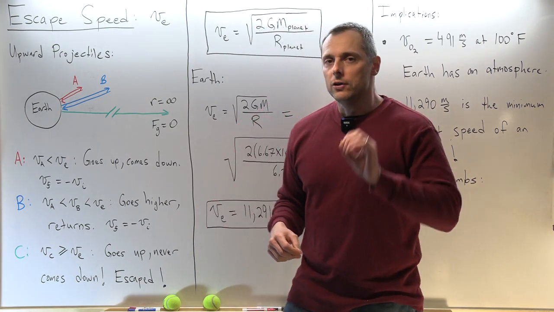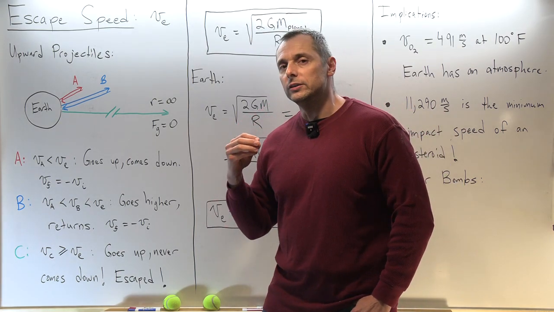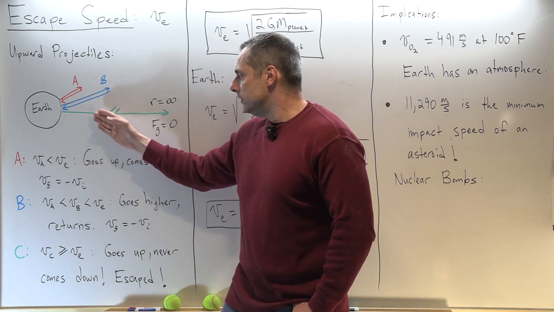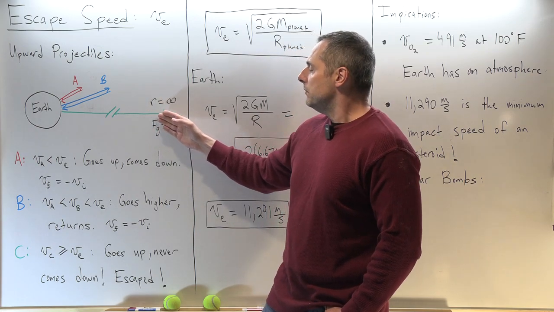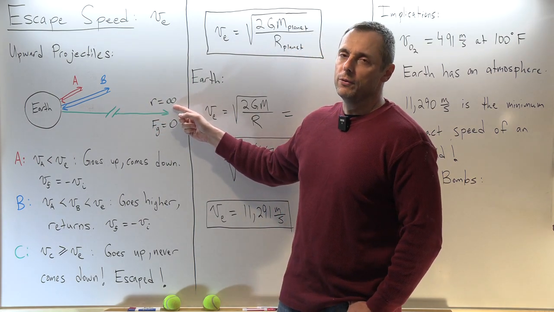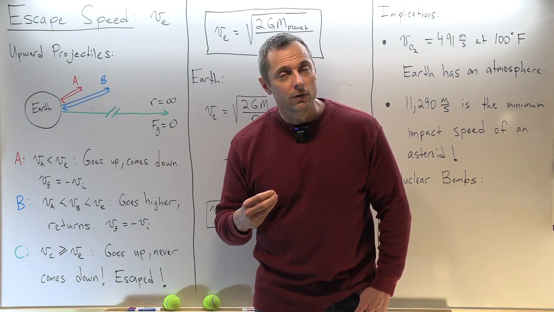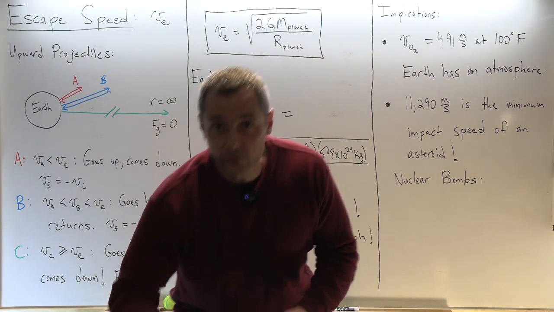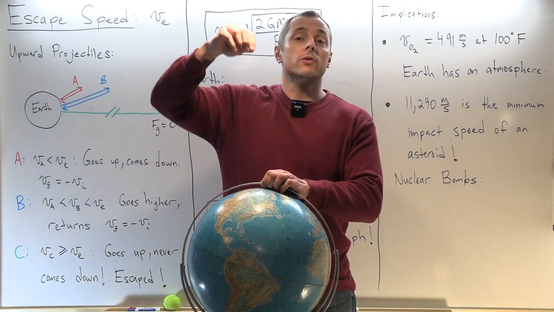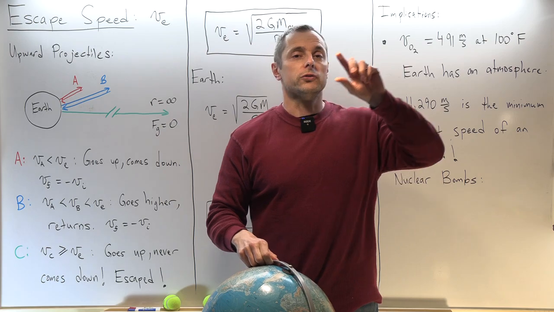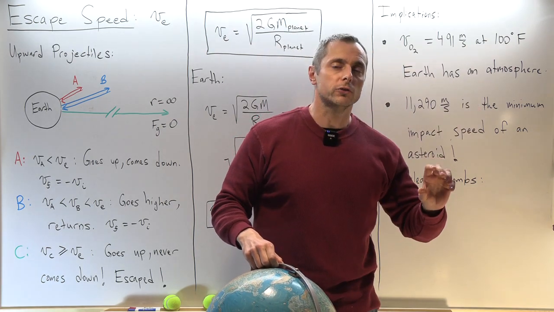No, because here's the thing. If I launch this just fast enough, it'll keep rising and slowing down, decelerating. But eventually it'll get so far from Earth that the force of gravity, as I said right at the start, the further you go, the smaller the force of gravity gets by that formula, Fg equals capital G m1 m2 over r squared.